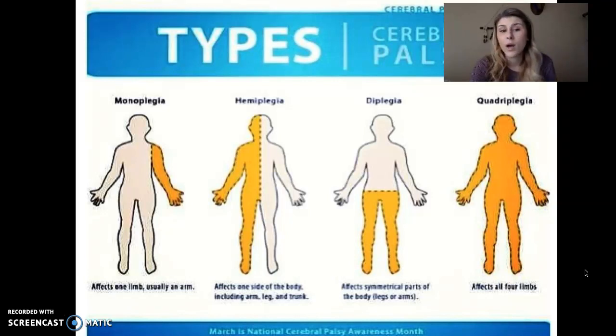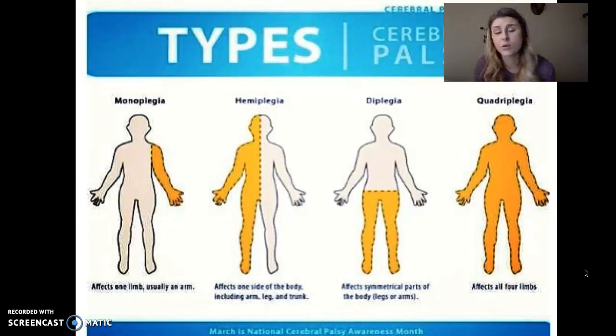Hemiplegia is one side of your body, like your left leg and left arm, or sometimes your right leg and right arm. Then there's diplegia, where your 2 arms or your 2 legs are affected. And quadriplegia is all 4 limbs affected, even your core, your neck, pretty much everywhere.